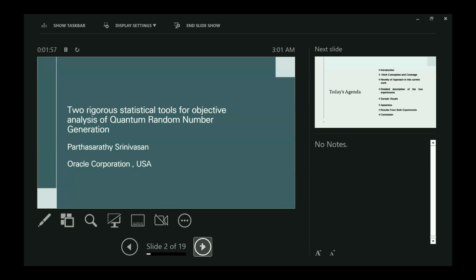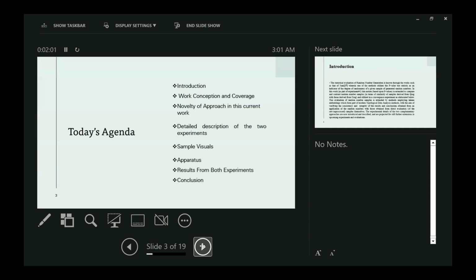So having given that a little bit of background, let me go ahead to the next slide and look at today's agenda. We have an introduction section, which I briefly touched upon right now.